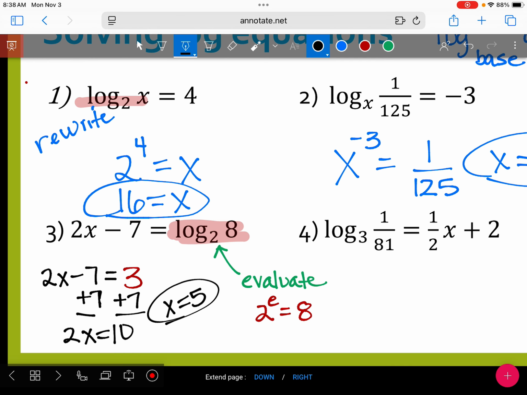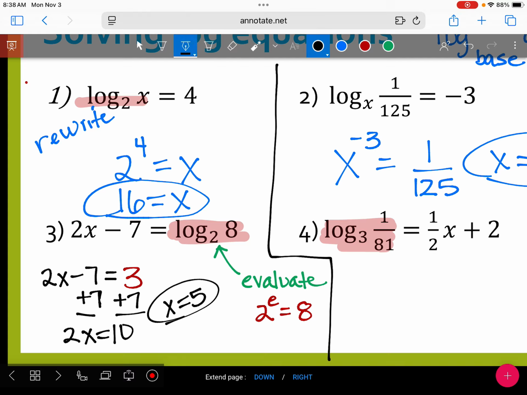Same thing with number 4. This is a full statement. I just need to figure out what the answer is. You need two things for it to be a full statement: the base and the answer. So we have a full statement, and I'm going to start by evaluating it.